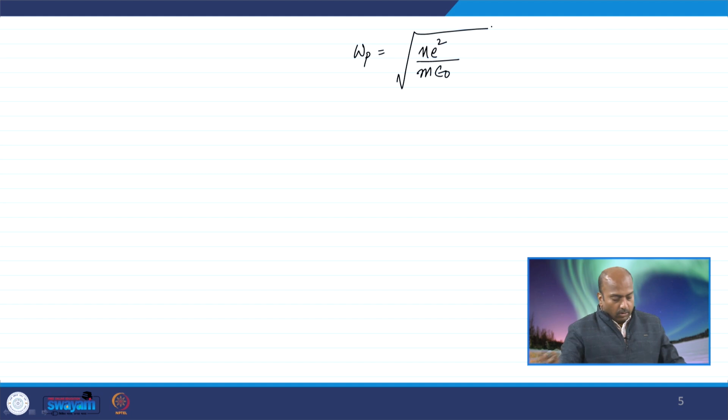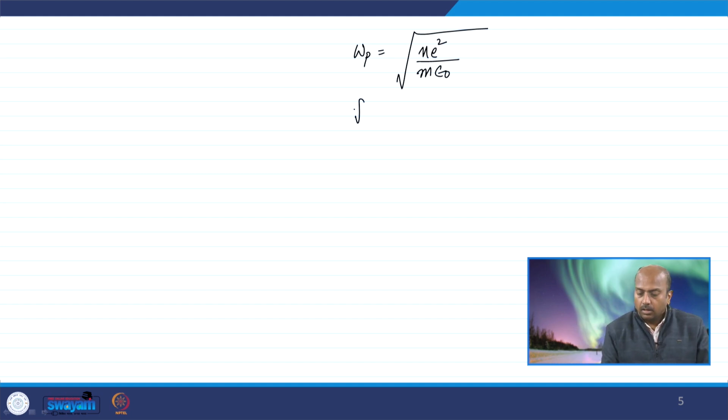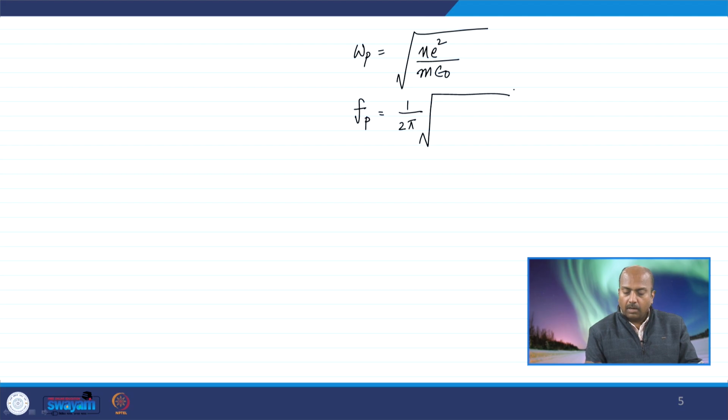We can also write it not as angular frequency but as frequency in hertz, which becomes 1 by 2 pi times the square root of n e square by m epsilon naught. This is a very important parameter to understand the geospace.